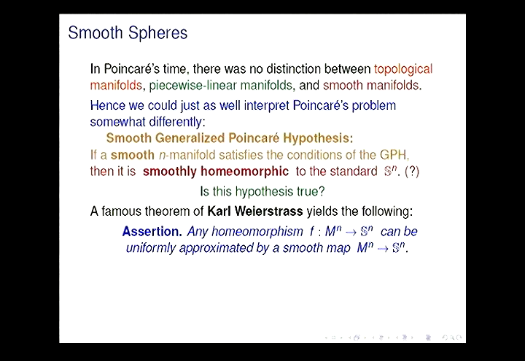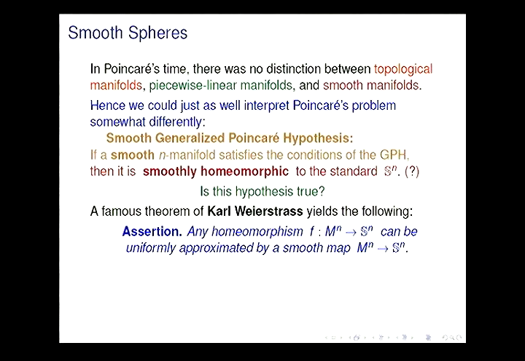So M is a smooth manifold, and we have a homeomorphism giving a one-to-one correspondence with points of the sphere. I'm sorry, no, just a topological homeomorphism. Can we approximate it by a smooth homeomorphism? Well, his theorem says that given any epsilon, we can find an epsilon approximation which is smooth.